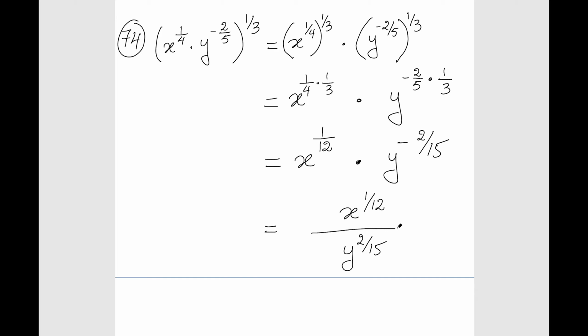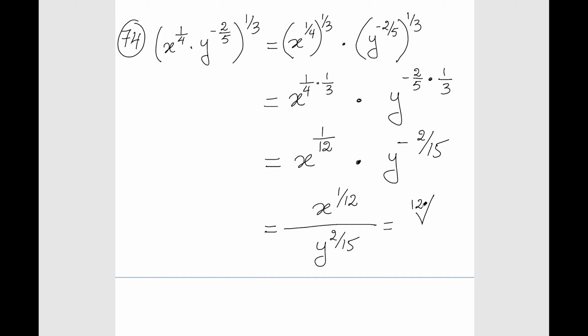If you want to rewrite this guy with the umbrellas instead, let's do it together. That's the same as the 12th root of x divided by the 15th root of y squared.